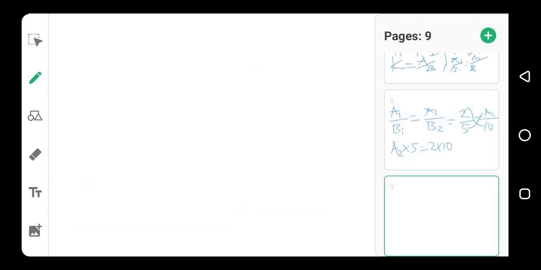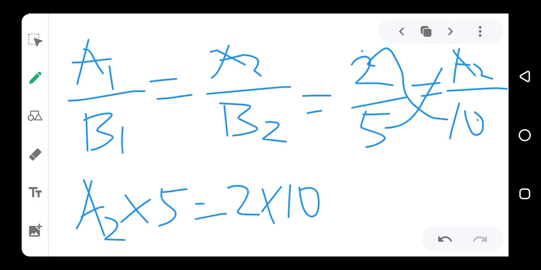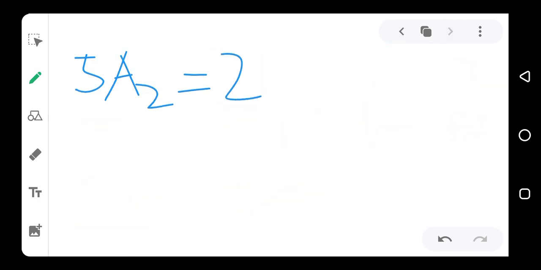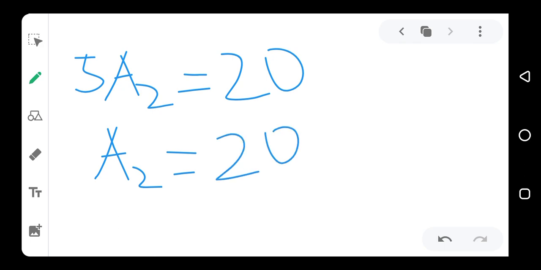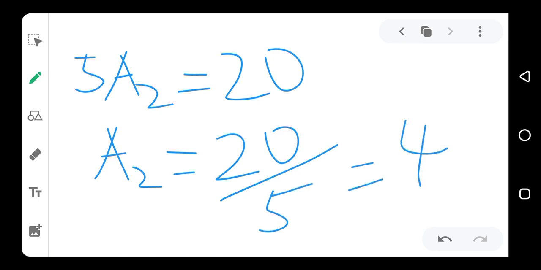So 5A2 is equal to 20. So A2 is equal to 20 over 5, which is equal to 4. 20 over 5 is equal to 4.